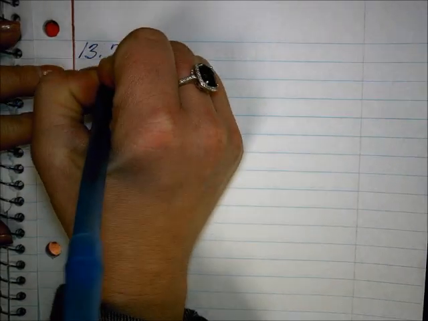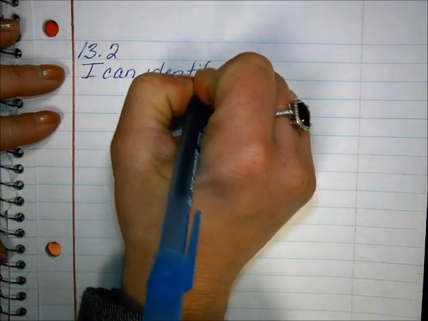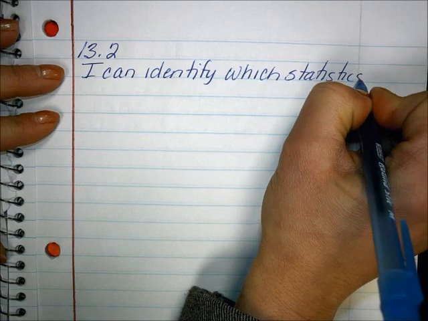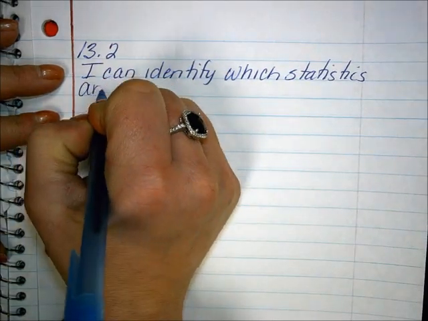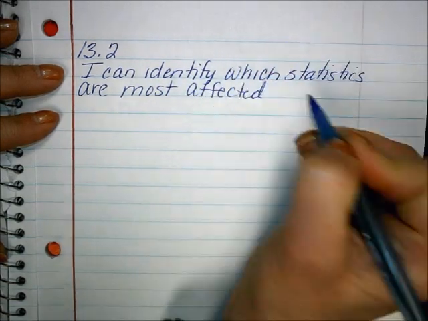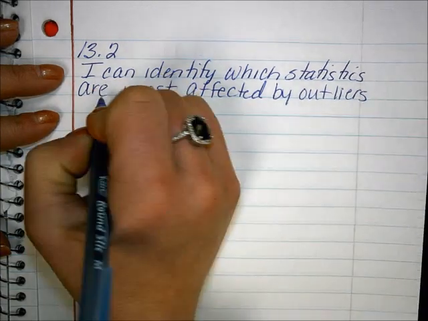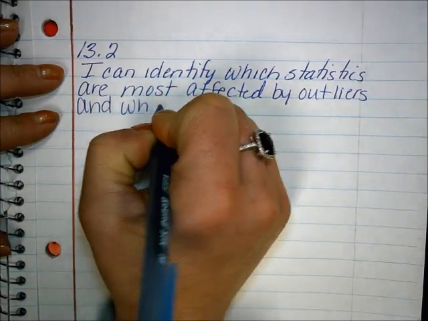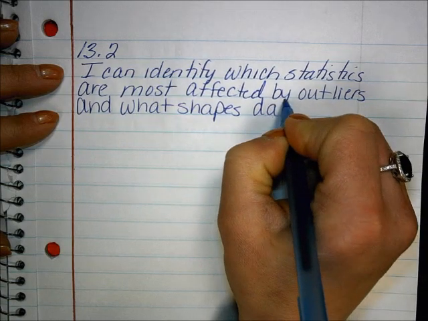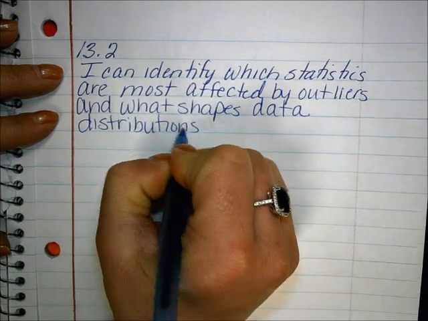Okay, today we're beginning lesson 13.2, and our learning target is I can identify which statistics are most affected by outliers and what shapes data distributions can have.